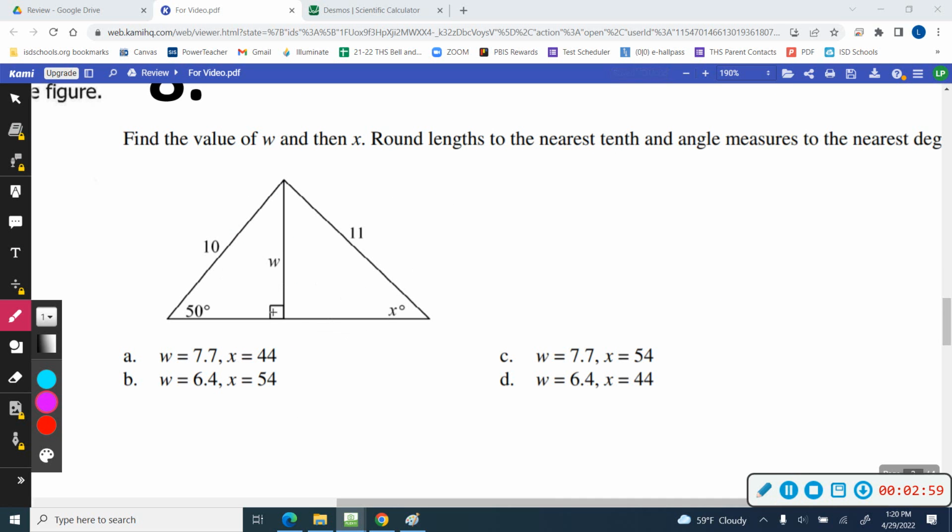This problem, they want us to find W and X. So if you look, we have a right triangle here. So I'm going to let this be the angle I'm working with, which will make this be opposite, and that be hypotenuse. So when I write this out, I get sine of 50, because opposite over hypotenuse is sine. Sine of 50 is equal to opposite over hypotenuse, which would be W over 10.